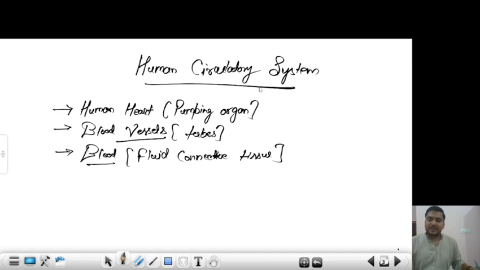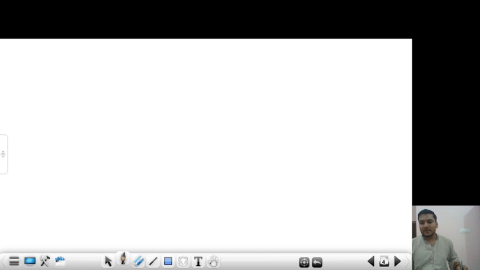So, in today's class, we will study about the structure of human heart. So, before studying about the structure of human heart, let us see how a human heart looks.